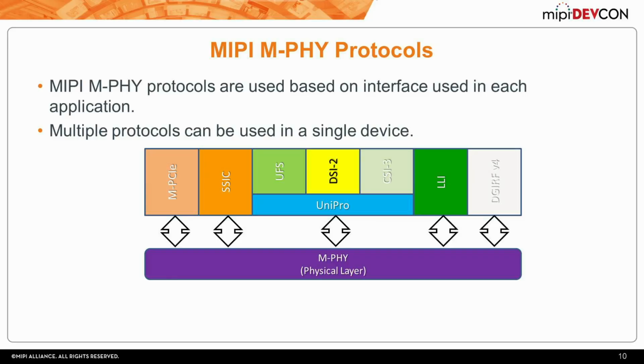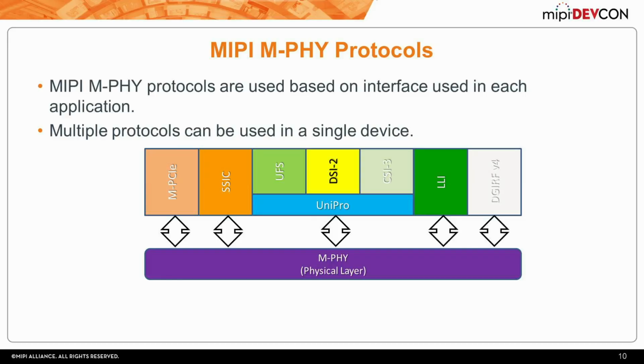Then we have this transport, which is done by the MIPI organization for UniPro, called UniPro, which is a transport which sits on M-PHY, but has upper layer protocol. So this is a little different from something like PCI Express or USB, where the whole protocol stack is defined by the one organization. Perry mentioned that previously.